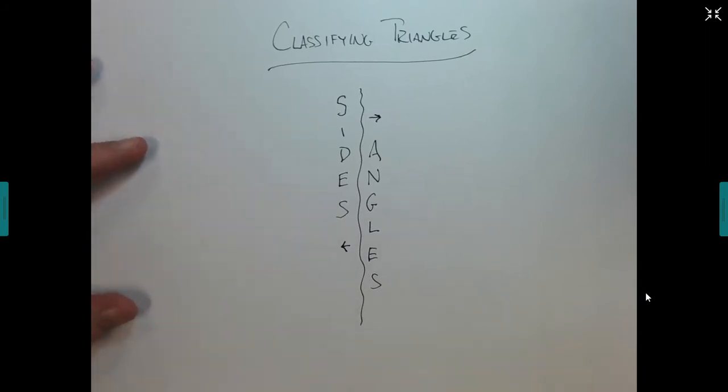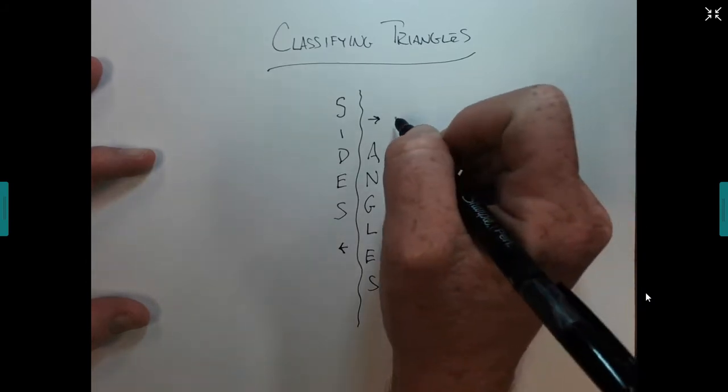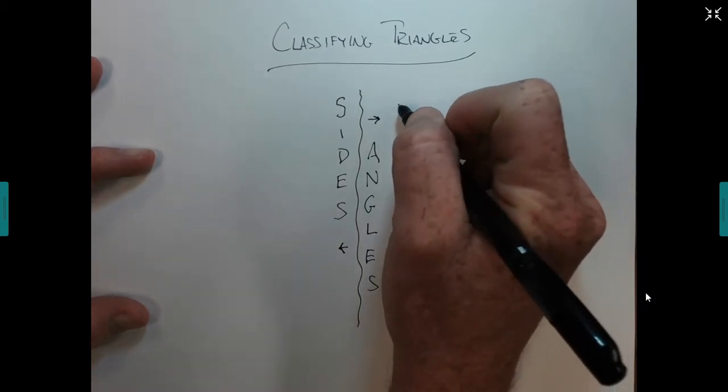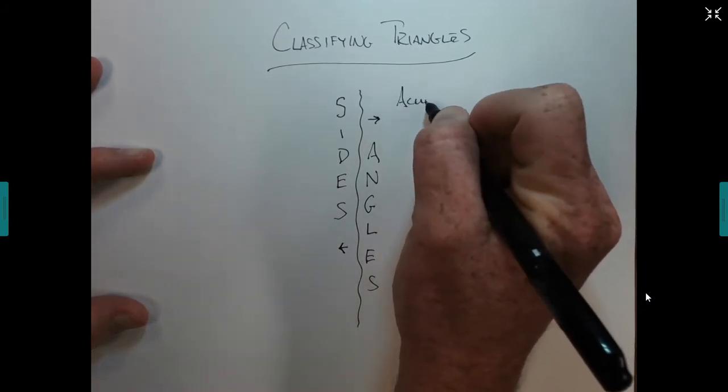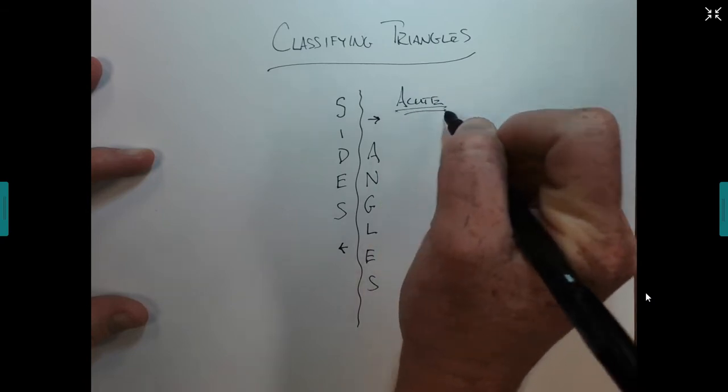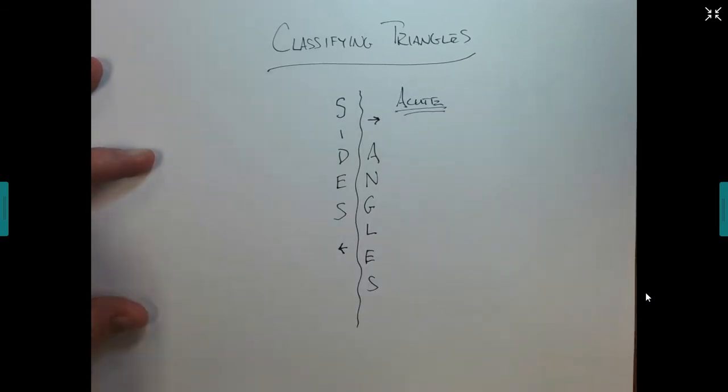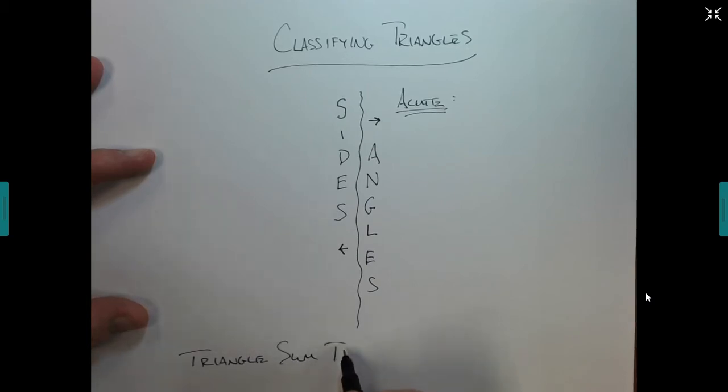First off, angles. We have a triangle called an acute triangle. Now you got to be careful. One of the main ideas that's going to play into this concept is called the Triangle Sum Theorem.